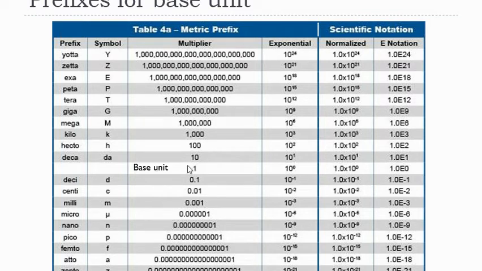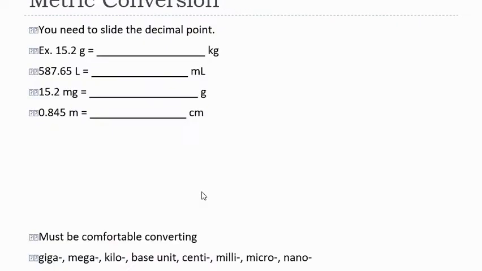This is what we work with as far as our base unit. Our base unit falls into here, and you can see where we're just moving the decimal point up or down. When we do metric conversion, in this chapter we're just going to go from kilograms down to milligrams.